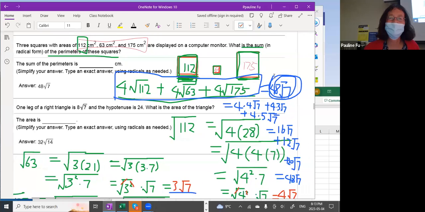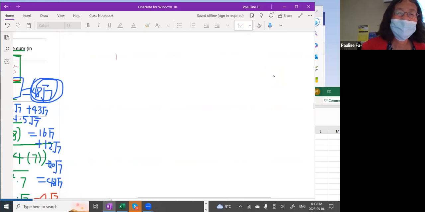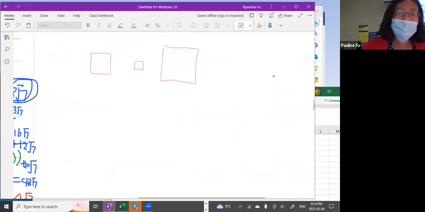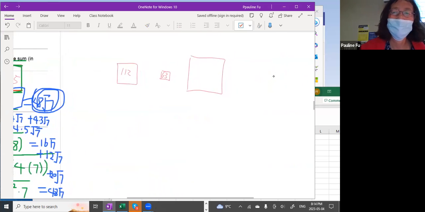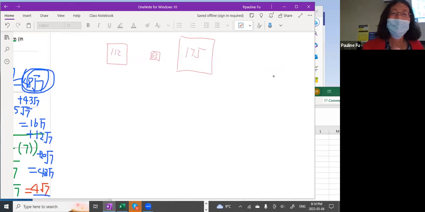It is too messy here, I will rewrite. This is a square, square, square, and those are the areas. Because they are squares, you have 4 sides. The area of a square equals side squared.